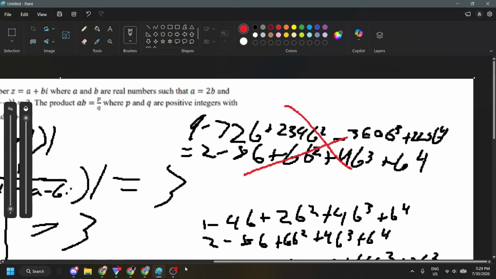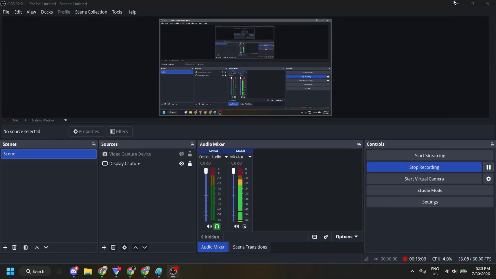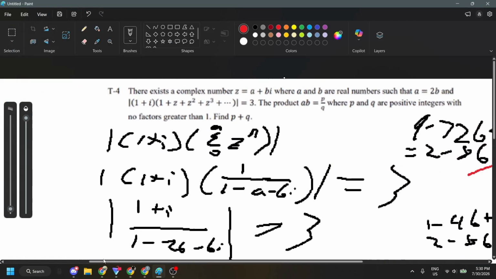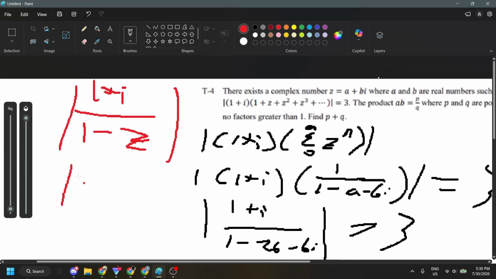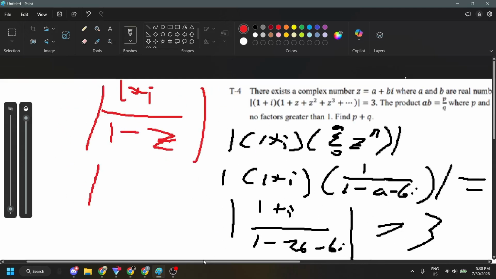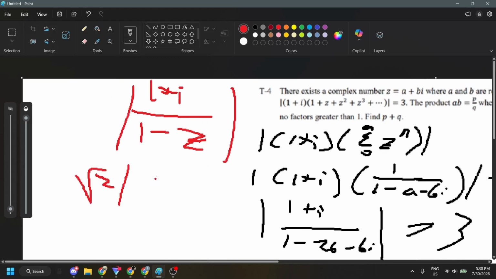So I'm just going to look at the answer. What they did is they just replaced this with the absolute value of 1 plus i over 1 minus z, and then they said this is just the square root of 2 over the absolute value of 1 minus z.